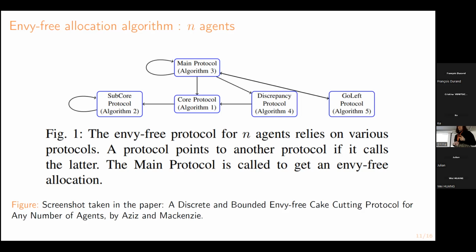There is also a video on YouTube where I think it's Mackenzie who explains the principle, but they don't go into big detail. If you want to look at this, just enter "envy-free cake cutting protocol", and I think you will find the YouTube video if you're interested.